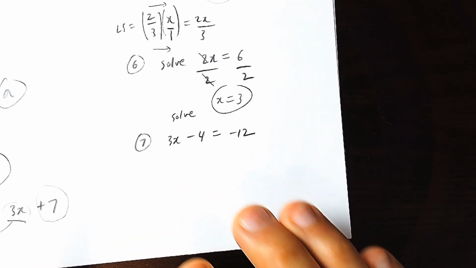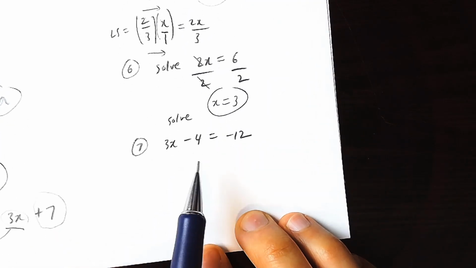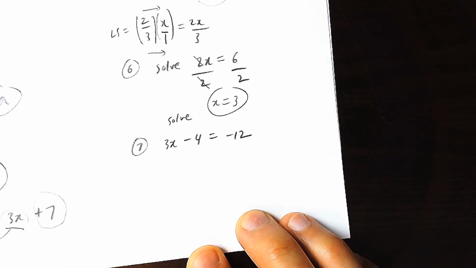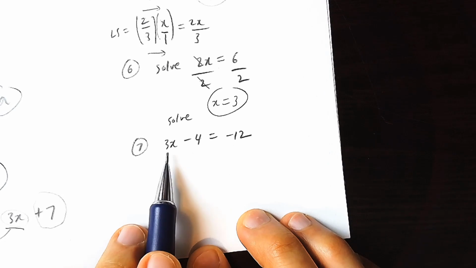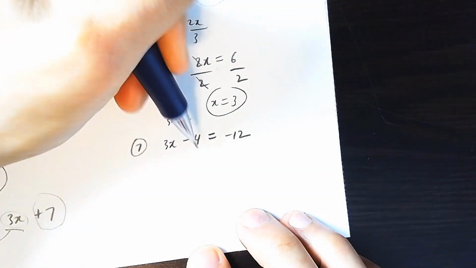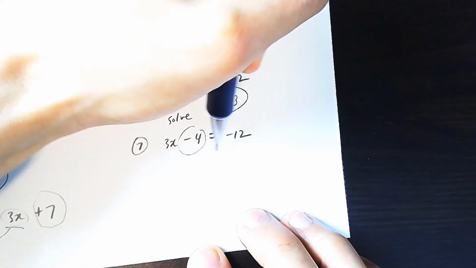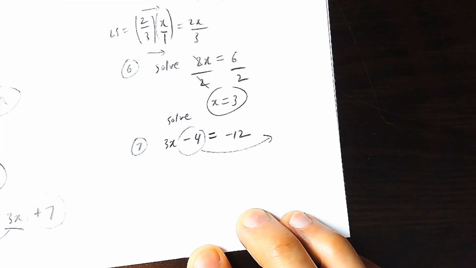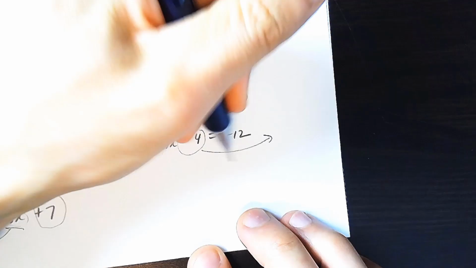Now let's take it one step further. How do you solve this algebra question, this equation? My advice to you is to get all the x's on one side. The 3x, I'm going to leave it on this left side of the equal sign. This equal sign is like a bridge. And I'm going to throw the negative 4 to the right. Some students, if you really want to go +4, it's fair.